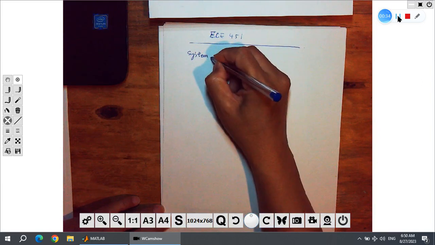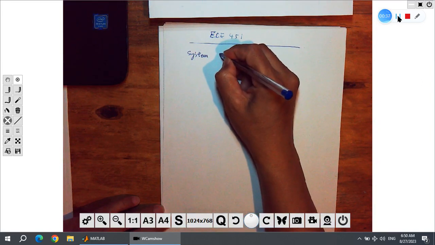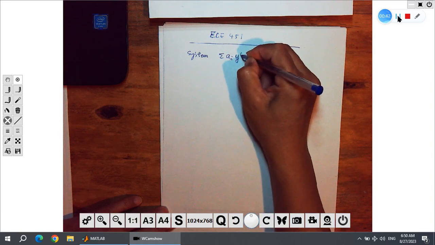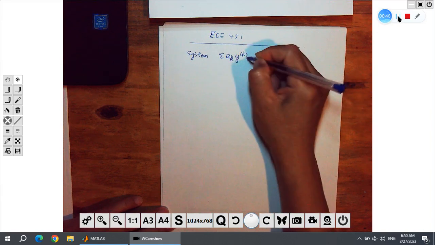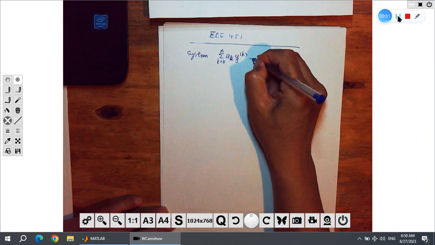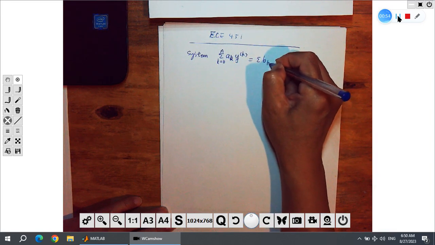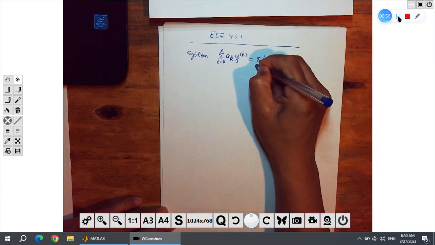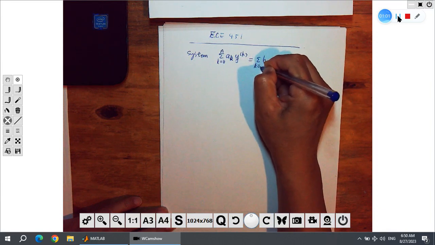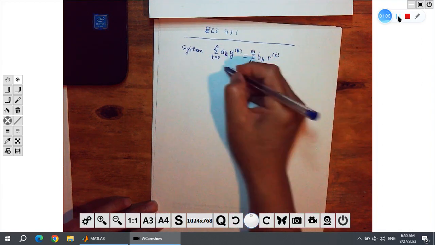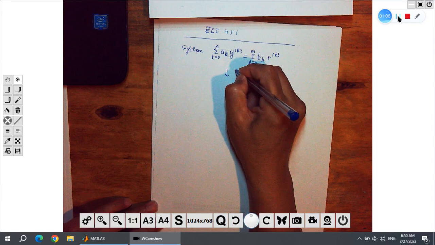The system is described by a differential equation: summation of a_k times the k-th order derivative of y, k running from 0 to n, equal to summation of b_k times the k-th order derivative of the input r, k running from 0 to m. To solve it, we use the Laplace transform.